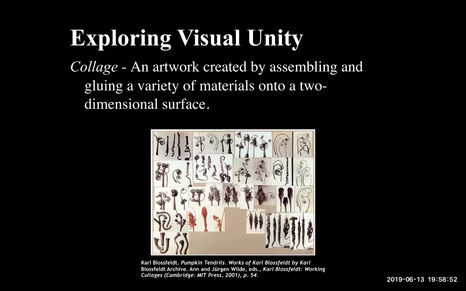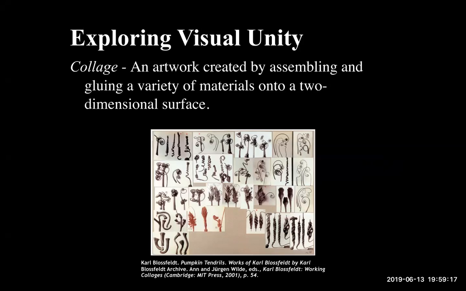Here's an example of some of the ways that artists or designers have created unity, and the different materials or methods that they've used. And this is a collage. So here we have an artist who's put together a variety of materials on a two-dimensional surface.